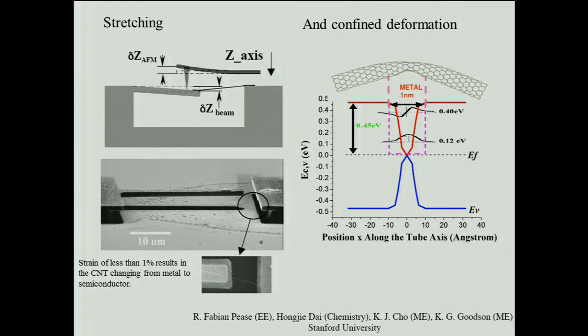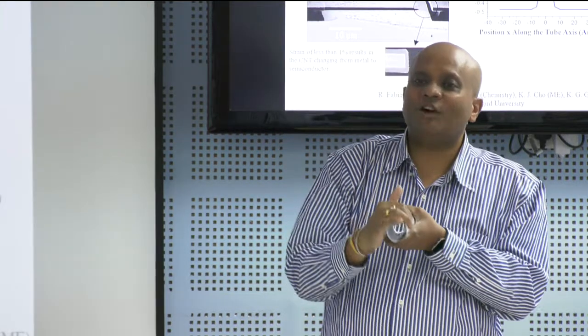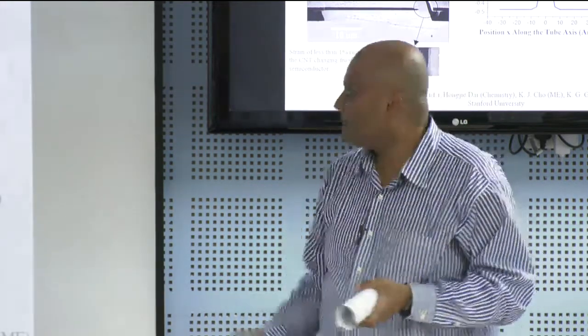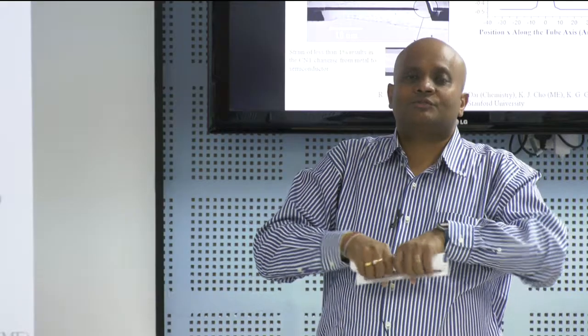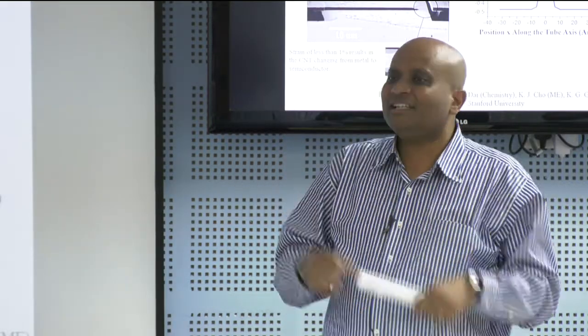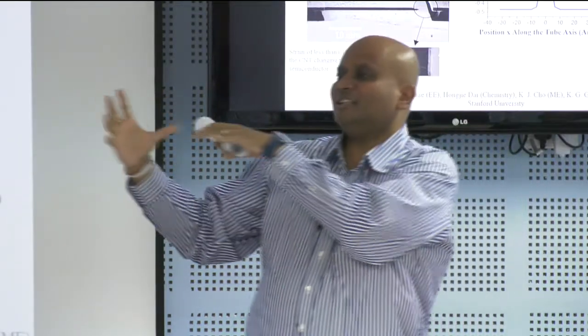This experiment shows that by applying force on it, by deforming it, you can change carbon nanotube from a metal to a semiconductor. When you are pulling on carbon nanotube, those pi electrons over there are being stretched, so you are changing the electronic properties, and that is why you are making it go from metal to a semiconductor.